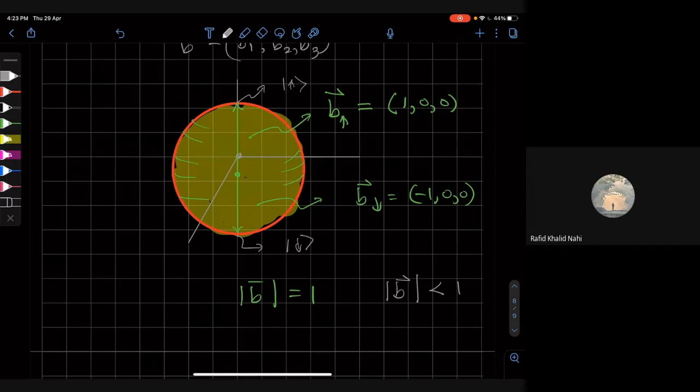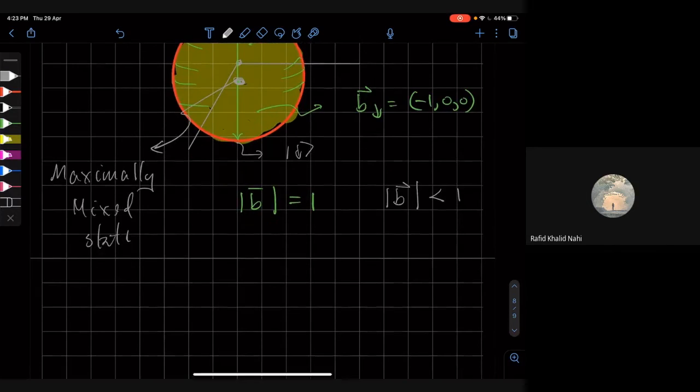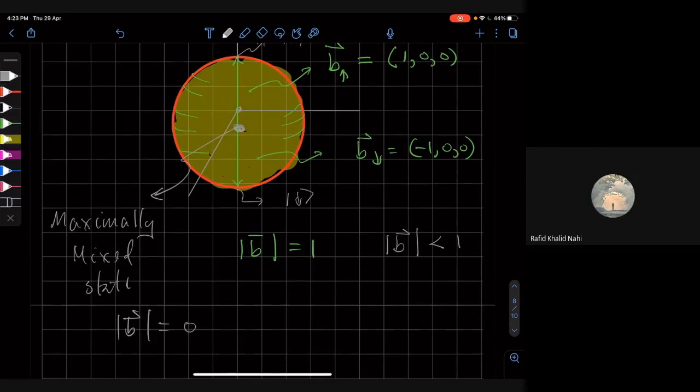And the state at the center, that's a special state. It's called the maximally mixed state. This is the state where b is just 0.